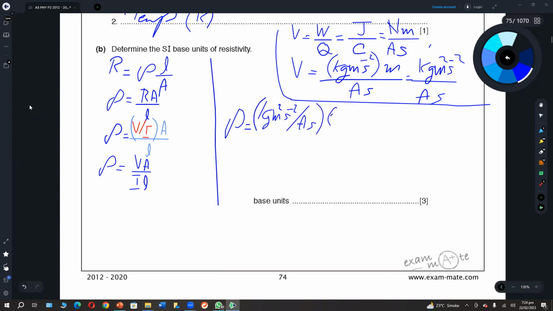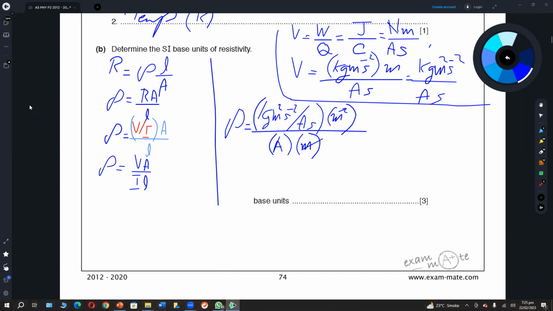What about area? Area is meter square upon current is ampere and length is meter. Can I cancel meter with meter? Yes. The square will be finished.